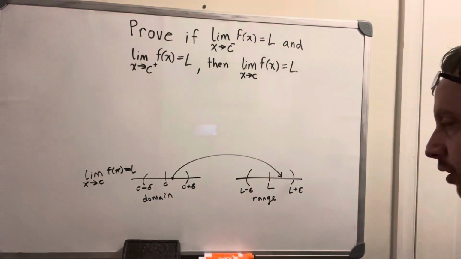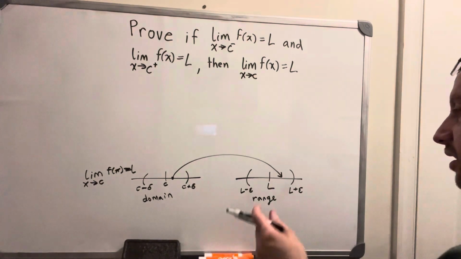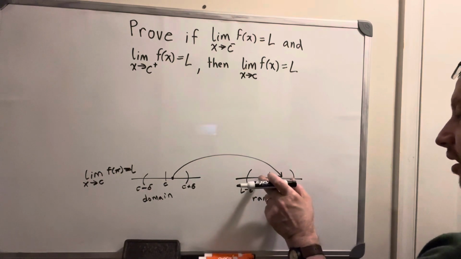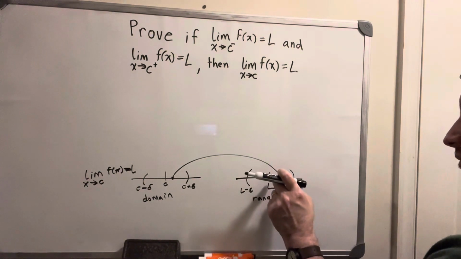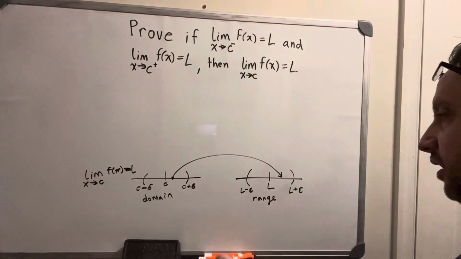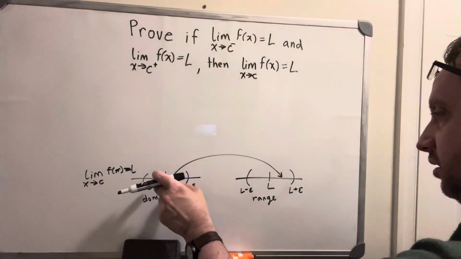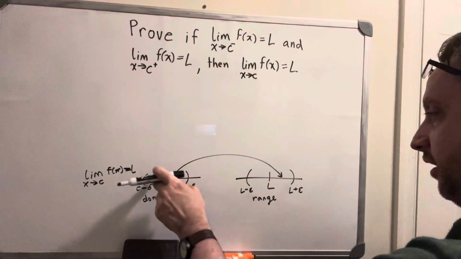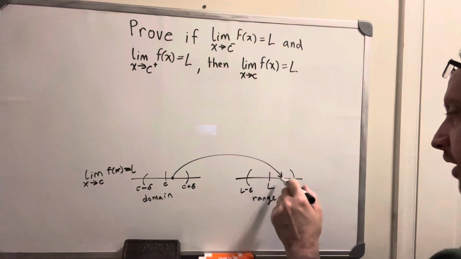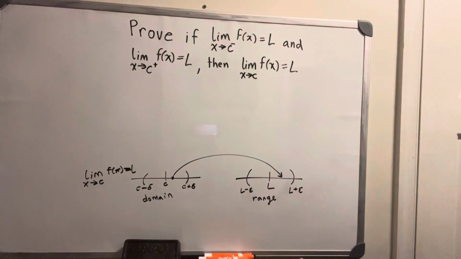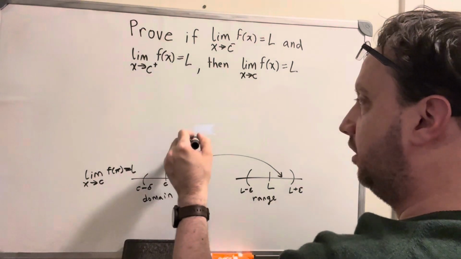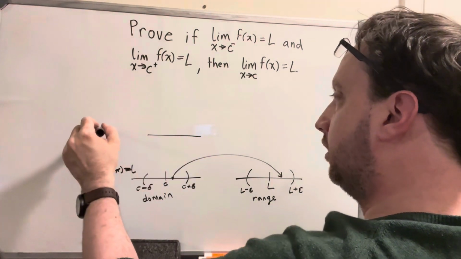What is this drawing basically telling us? It's telling us for any epsilon above or below L, there is going to be a delta above and below, so that if x is anywhere in here, it will hit in this range right here.